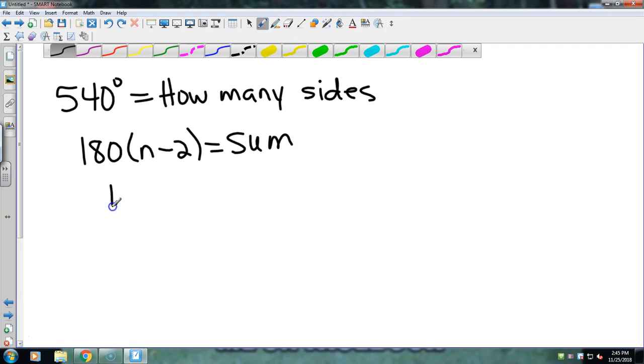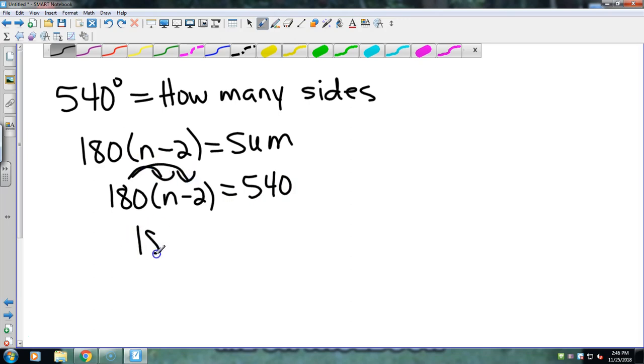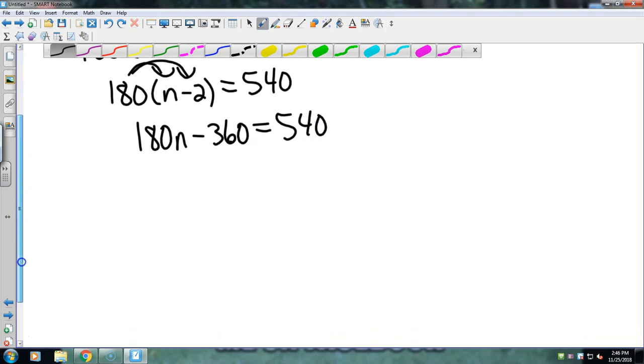So now we just take 180 times n minus 2, and since we know the sum, we just substitute that value in there. And so now we can do some distributive property. That's 180n minus 360 equals 540. And now we just solve for n because n is going to be the number of sides. So I'm going to add 360.